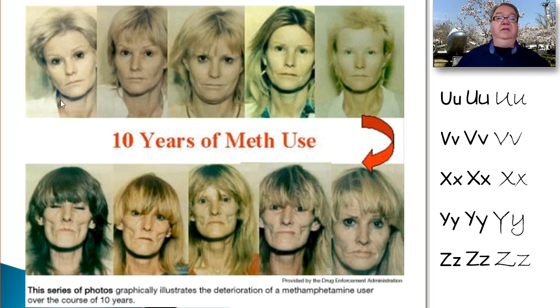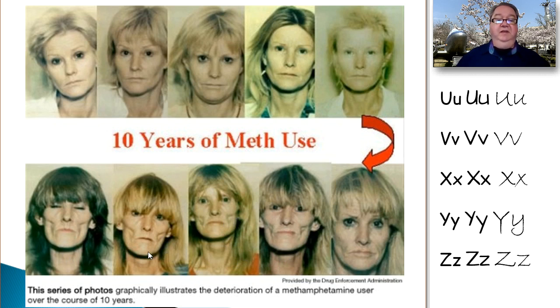So here we start at the beginning. So first year, second year, third year, fourth year, you can see here what's happening to her face. Fifth year, she's looking pretty rough. Sixth year, you can really see her eyes and her face here. Now her cheeks, her eyes, her neck, just getting worse and worse.